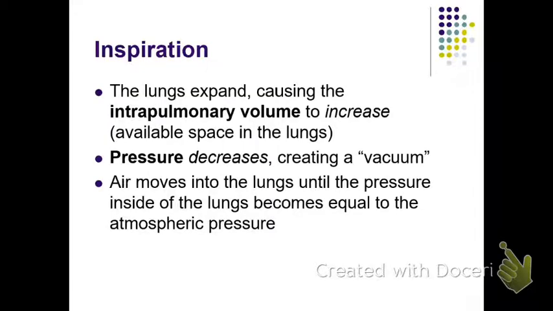So as inspiration increases, the intrapulmonary volume will increase, as we described before, and the pressure will decrease, so we have this vacuum. And this allows the air to move into the lungs until the pressure inside of the lungs becomes equal to atmospheric pressure.